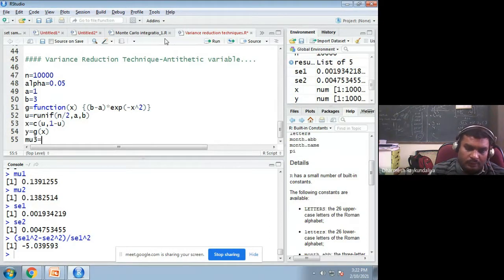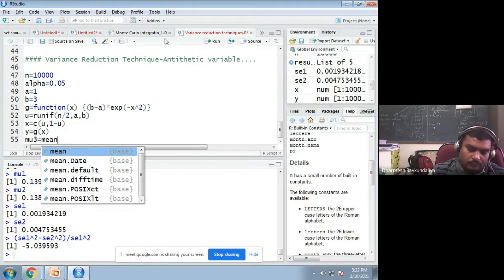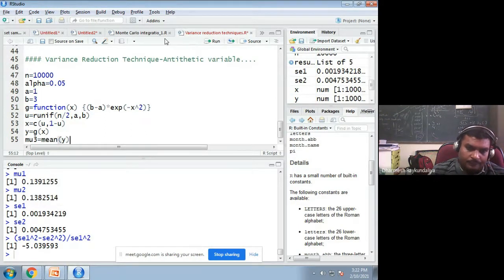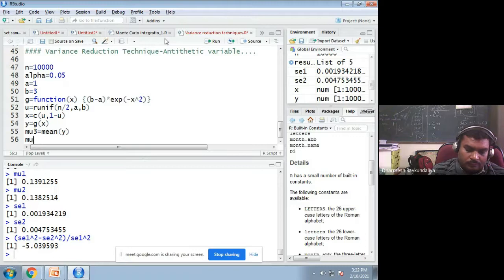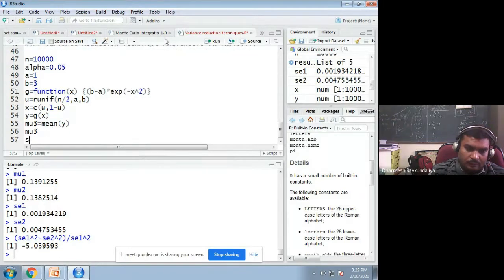Mu3 is nothing but the mean of y. And then I will calculate the standard error of the antithetic variable. It is the SD of y divided by the square root of n.